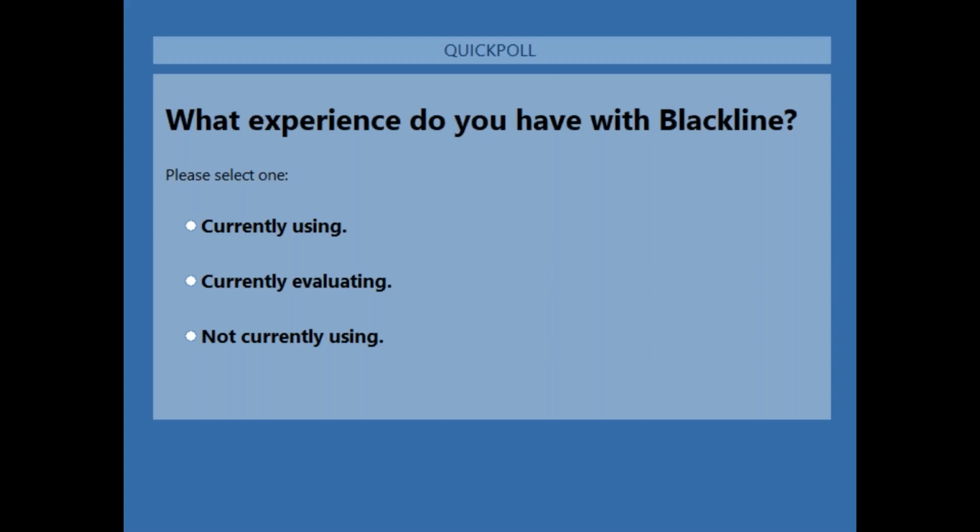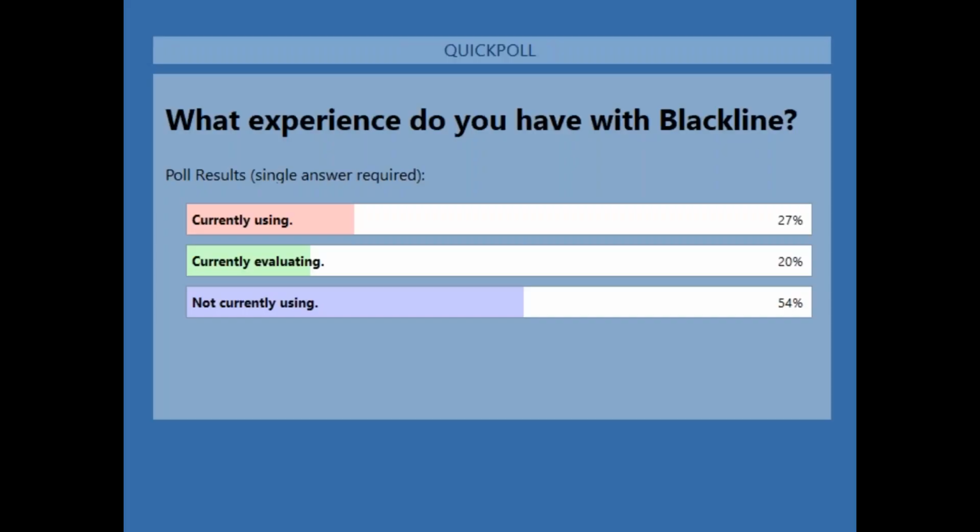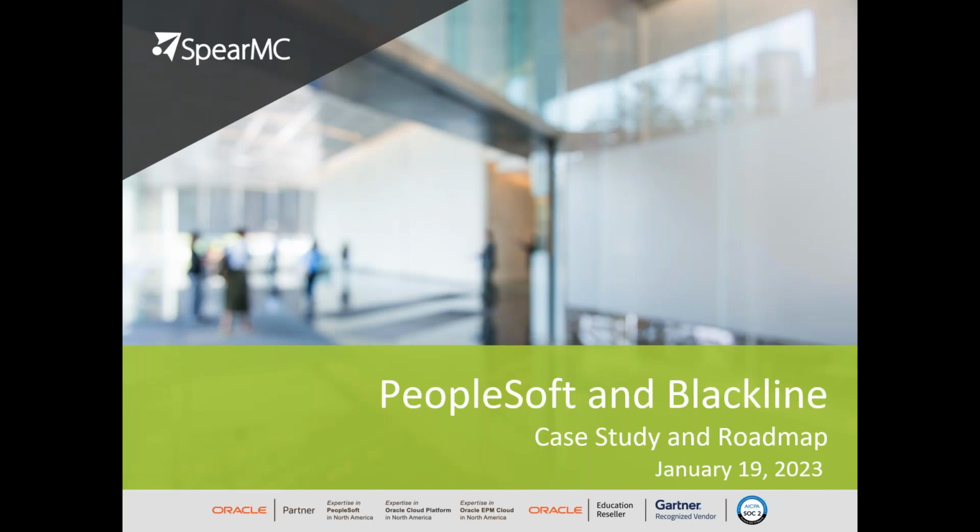Okay, looks good. Susan, can you share those results? Yes, we've got 27% currently using, 20% currently evaluating, and 54% not currently using. Okay, great. We have about a quarter current customers and three quarters not customers today. Very good.